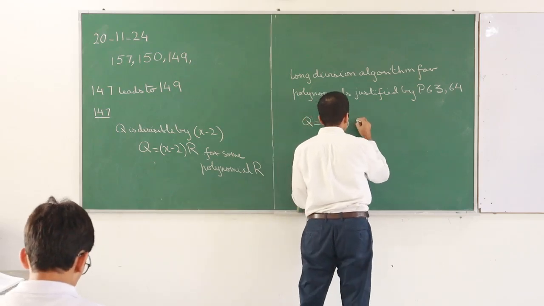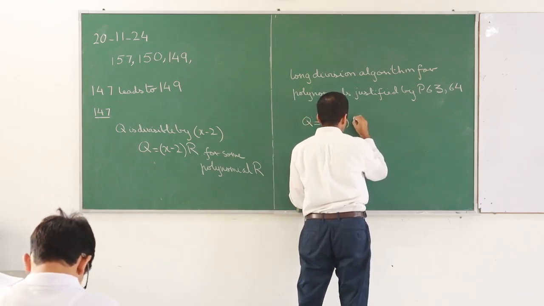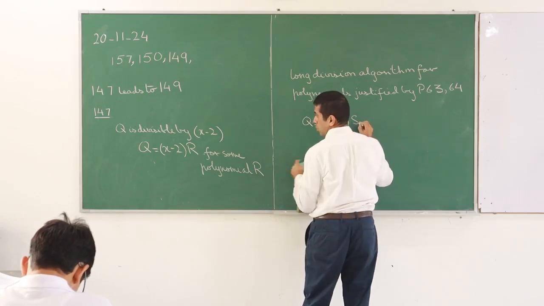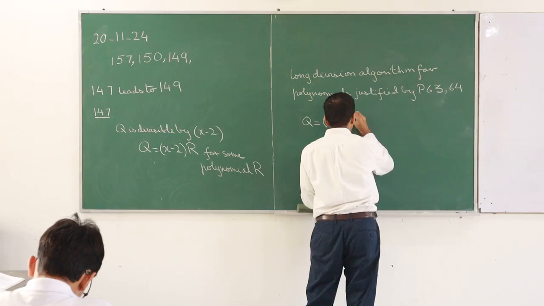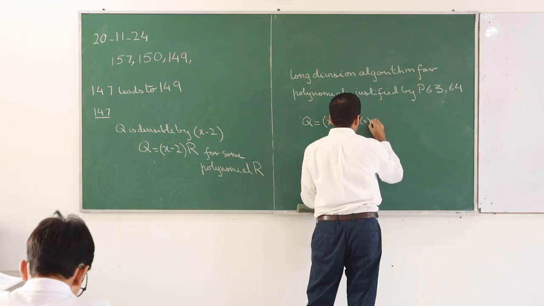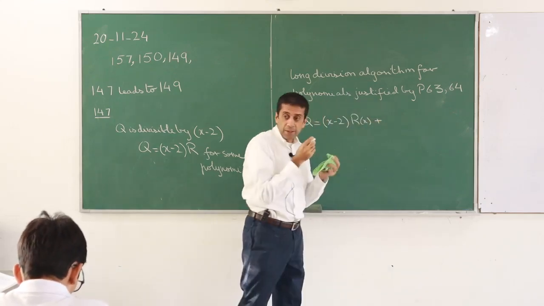Maybe I'll call it R of x, plus a remainder, right?